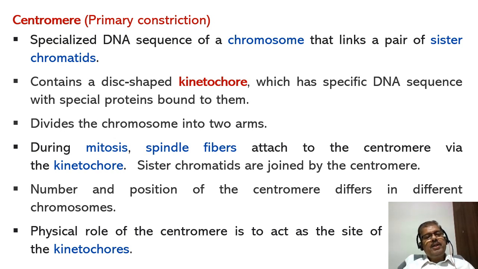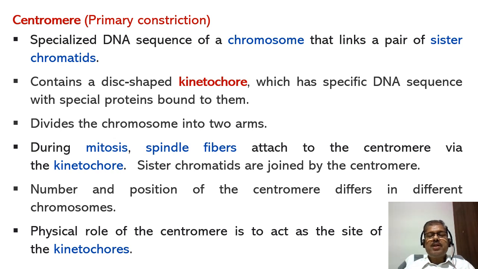Now another part, the centromere, also called the primary constriction. It is a specialized DNA sequence of a chromosome that links a pair of sister chromatids, and it divides the chromosome into two arms. The centromere contains a disc-shaped structure called the kinetochore, which has a specific DNA sequence with special proteins bound to them.